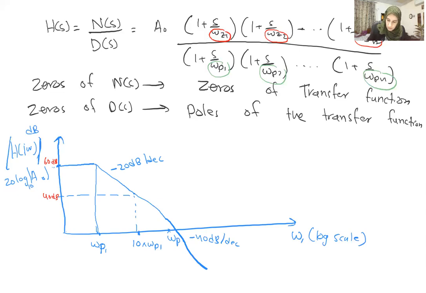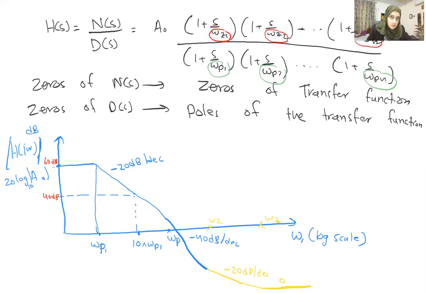Now, if you find a zero here, omega Z, it will contribute a positive 20 dB, so this will become less steep, with minus 20 dB per decade. If you find another omega Z, it will become a 0 slope. So every pole or zero will subtract a slope value of minus 20 dB or add 20 dB per decade to the previous value.